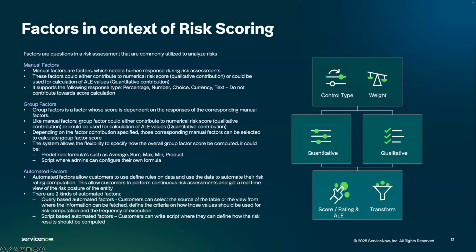The takeaway here is manual factors are for human judgment, group for aggregating related questions, automated for real-time data. All three feed the same scoring engine. Choose the right type of factor for the right use case.